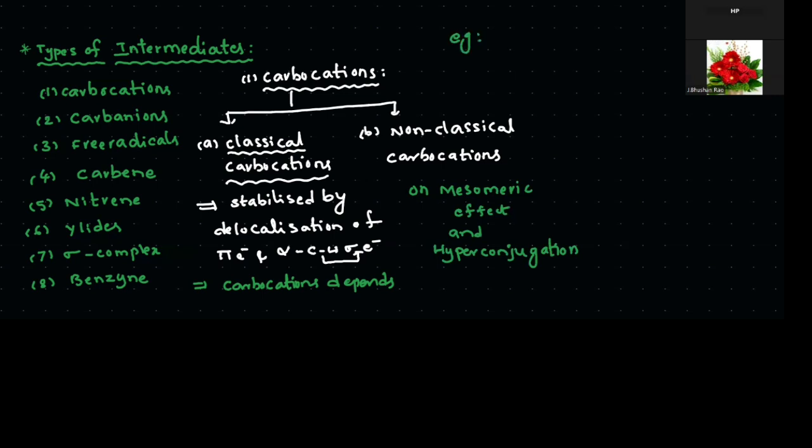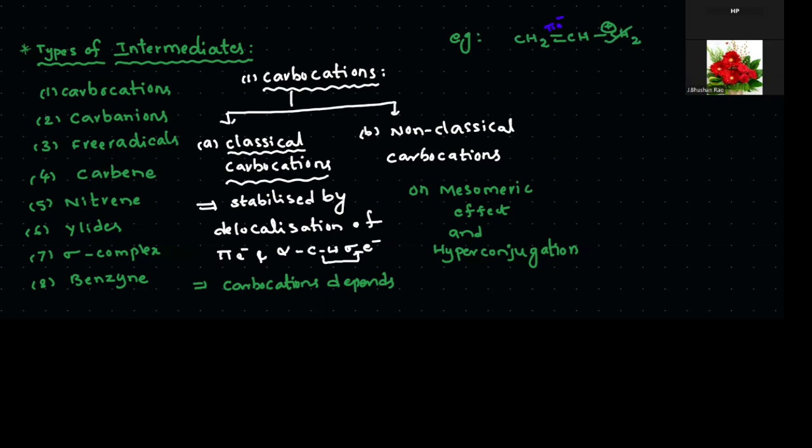Now one example: CH2 double bond CH CH2 plus. In this given compound, this one is the carbocation. It is stabilized majorly by these pi electrons, the pi bonded electrons.